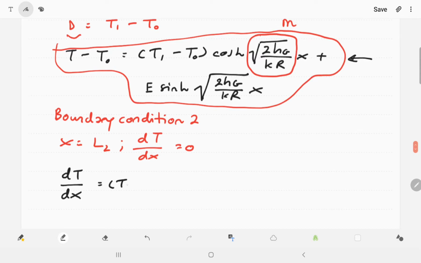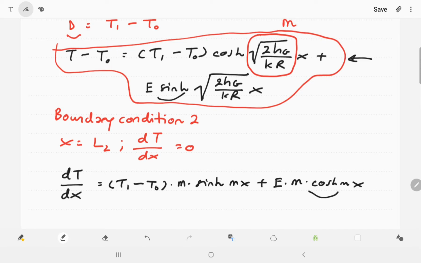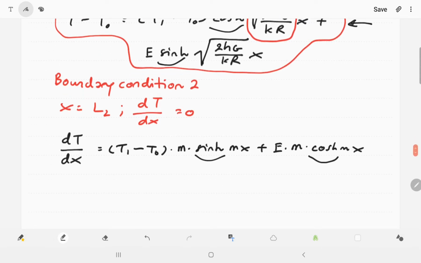If we differentiate, we will have T1 minus T naught multiplied by m sinh mx plus E multiplied by m cosh mx, because the derivative of the sinh will be cosh, and the derivative of the cosh will be sinh. Okay, then we simply substitute these two terms in here.